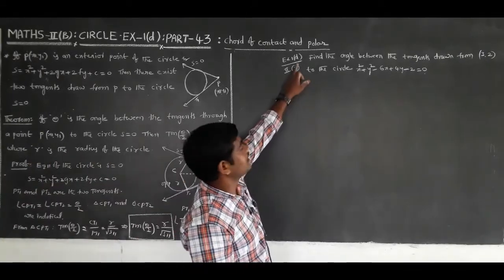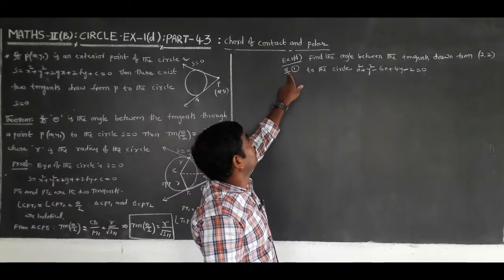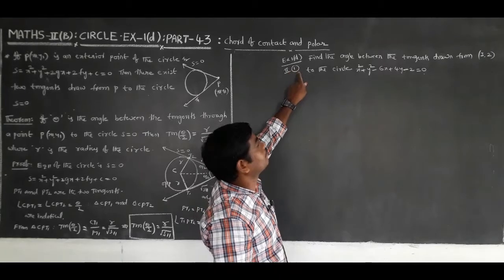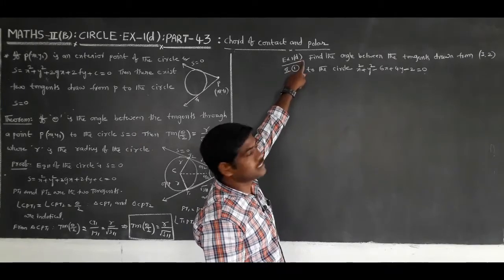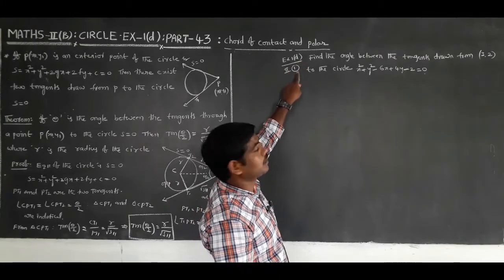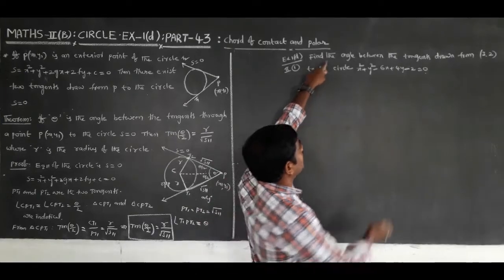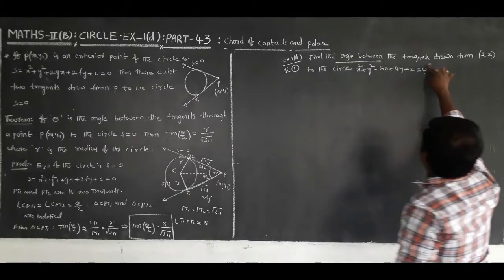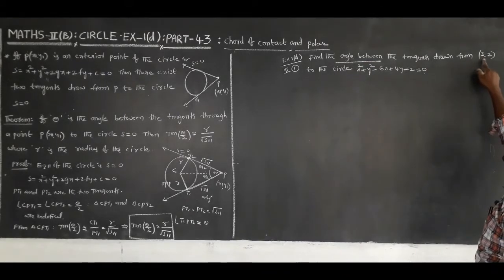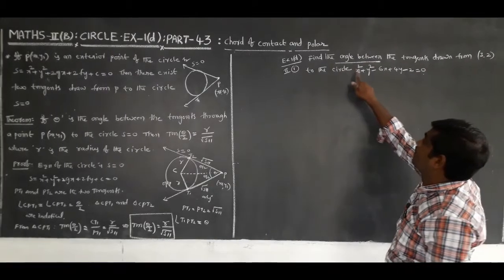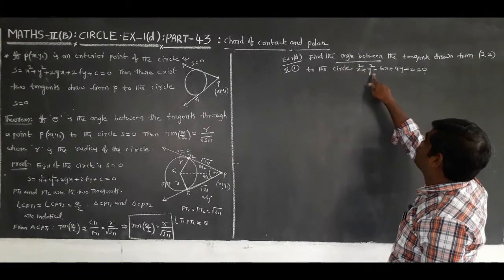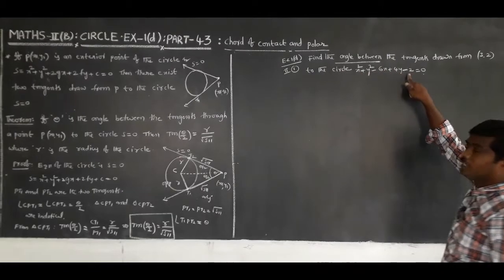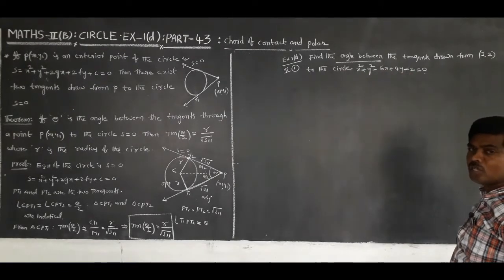In Exercise 1D, Roman number 2, first problem: find the angle between the tangents drawn from (3, 2) to the circle x square plus y square minus 6x plus 4y minus 2 is equal to 0.